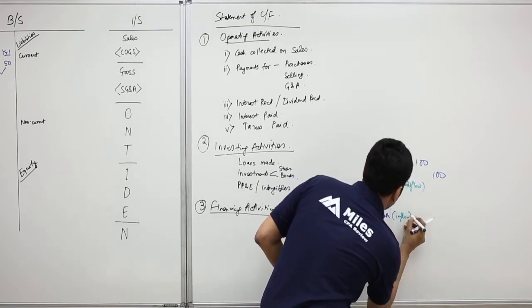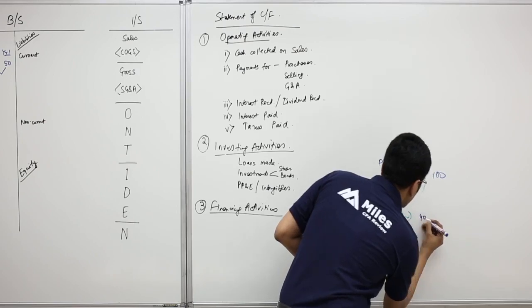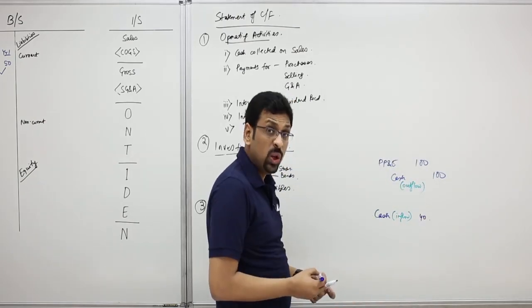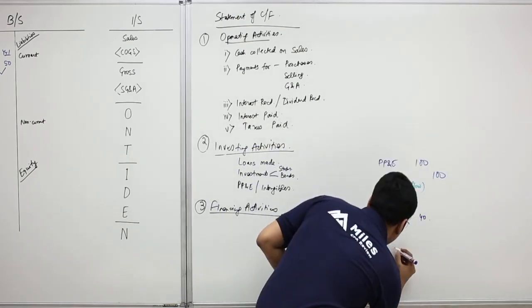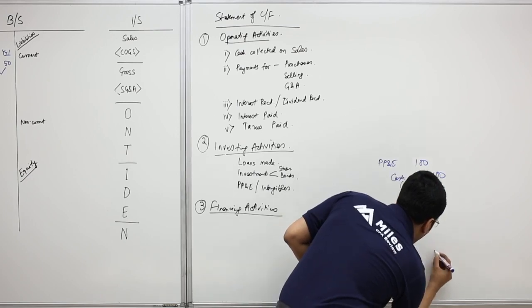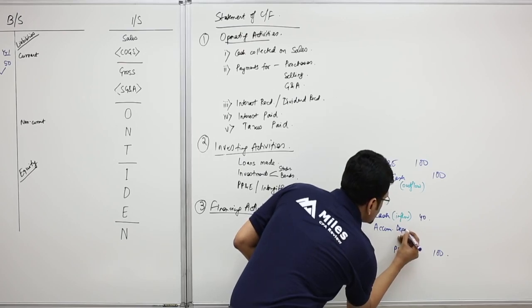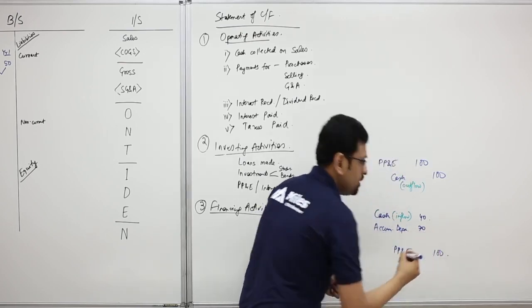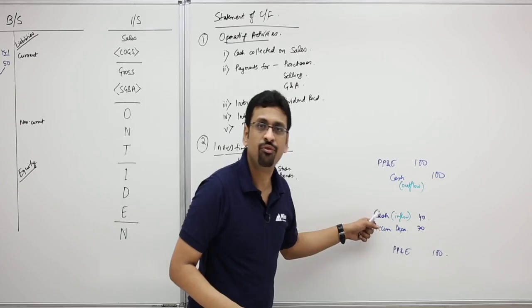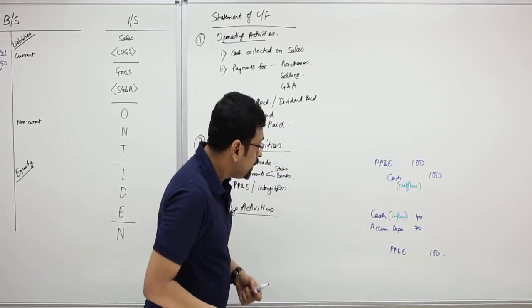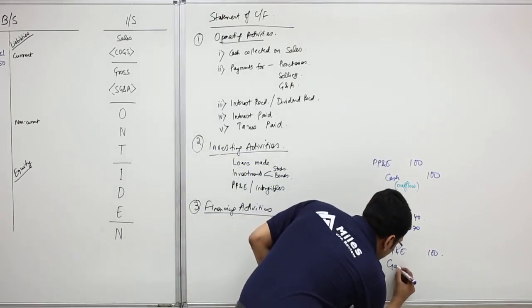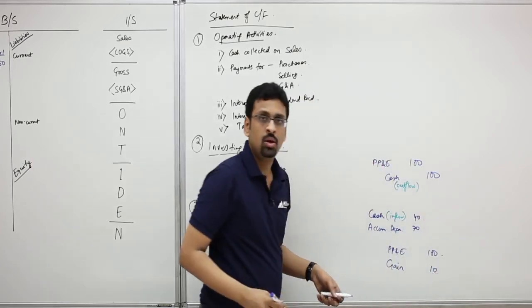You've sold this for 40, but the book value was only 30. So that means PP&E would be credited 100 and there would be accumulated depreciation of 70, because I'm sure you remember this from FAR-3. Now, you have a gain on sale, which is 10.